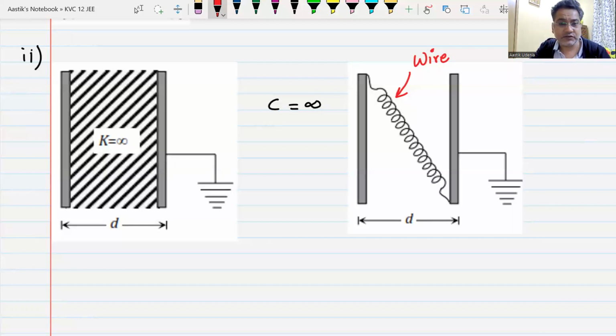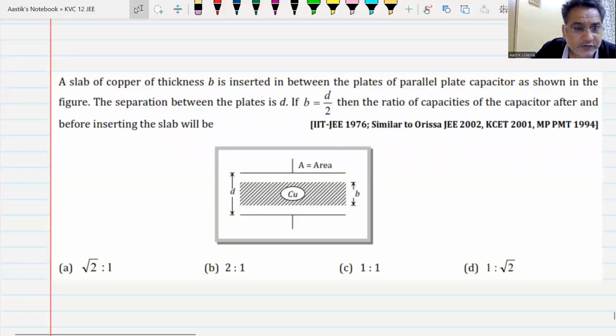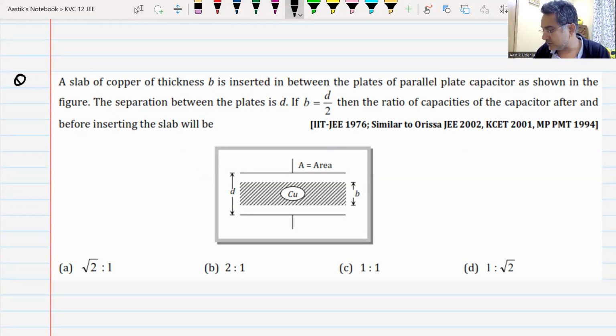This is the first question that is coming for you. It is a previous question from IIT. It has been repeated several times in several exams. A slab of copper of thickness B is inserted between the plates of a parallel plate capacitor as shown in the figure.